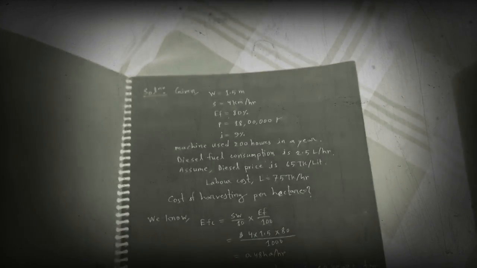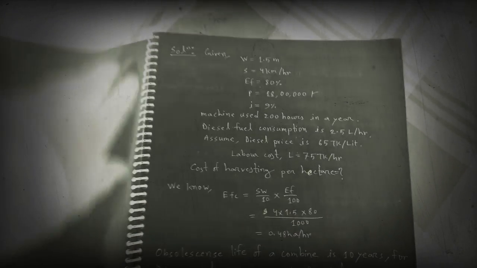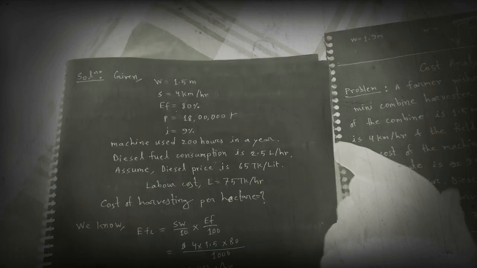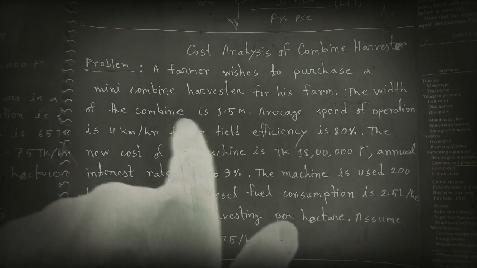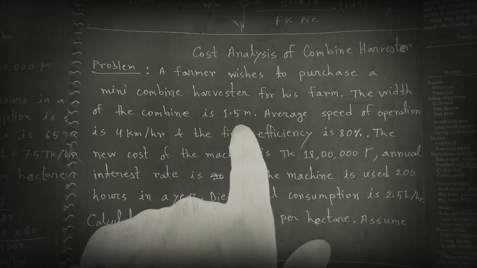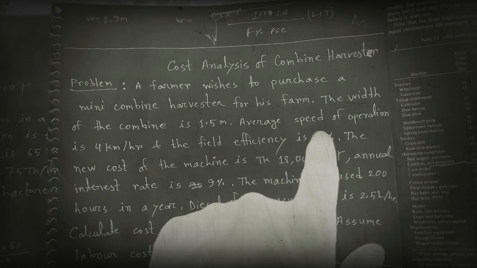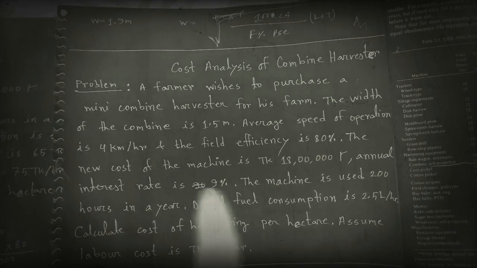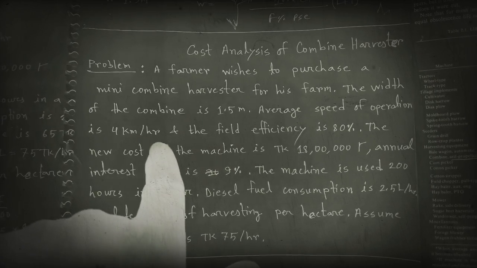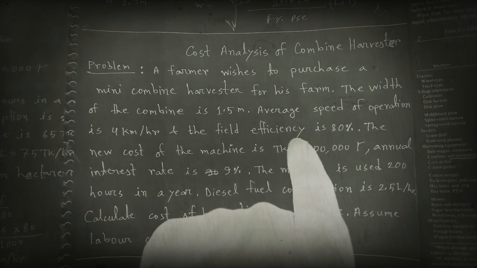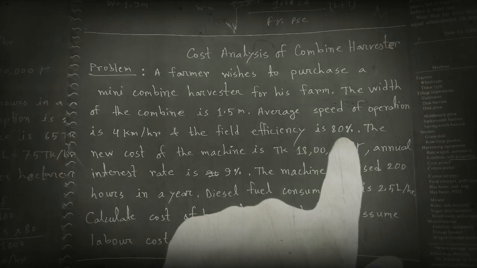Okay, so here's the given information. The width of the combine, that is W, is equal to 1.5 meter, and the average speed of operation S is 4 kilometer per hour, and field efficiency E is equal 80%.